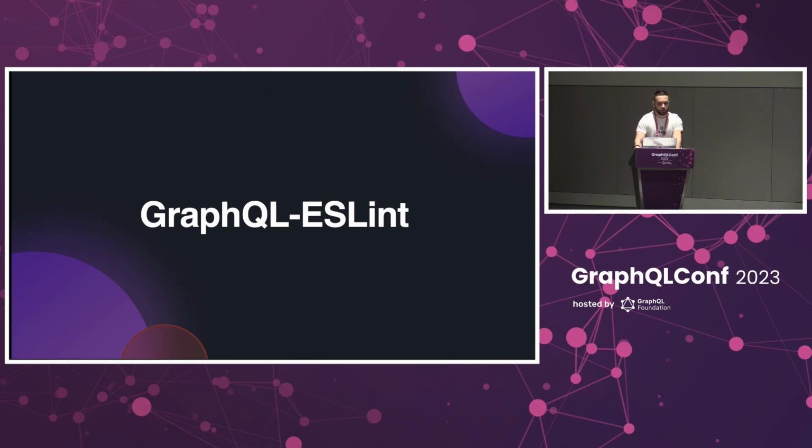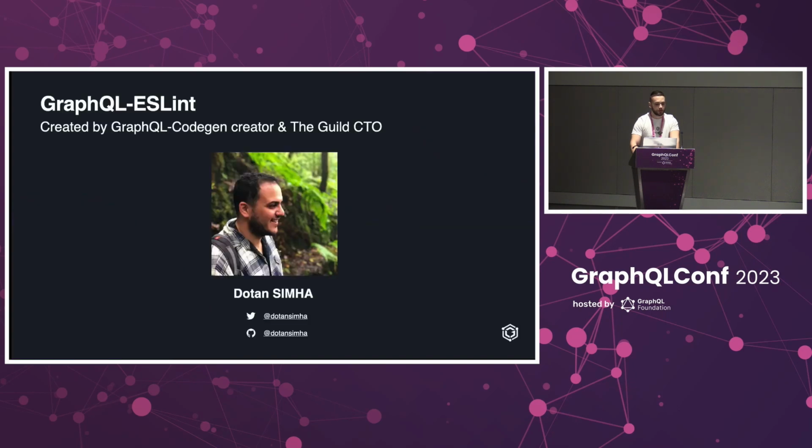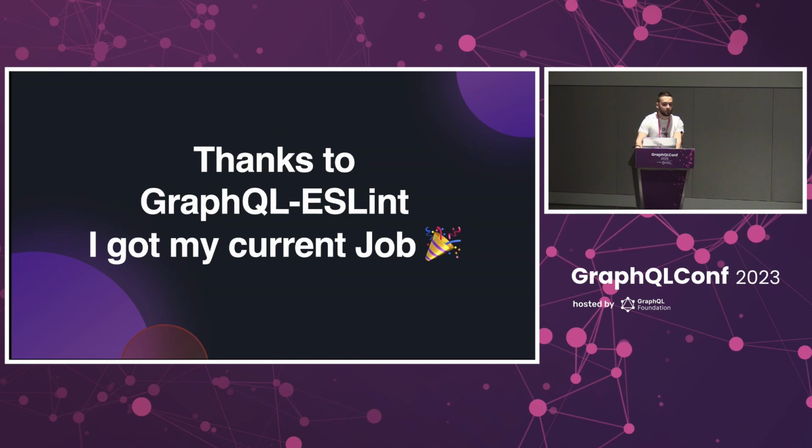So today I will mostly talk about GraphQL ESLint. It was my first maintained project at The Guild. This project was originally created by the GraphQL CodeGen creator and The Guild CTO, Dotan Simha. And thanks to GraphQL ESLint, I got my job at The Guild.